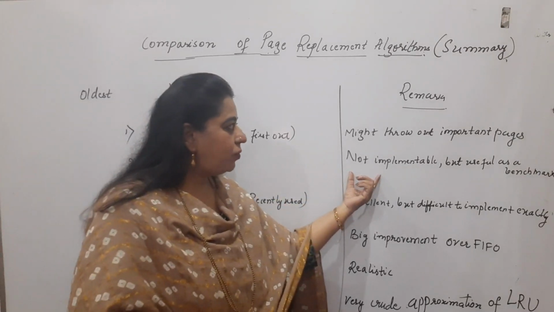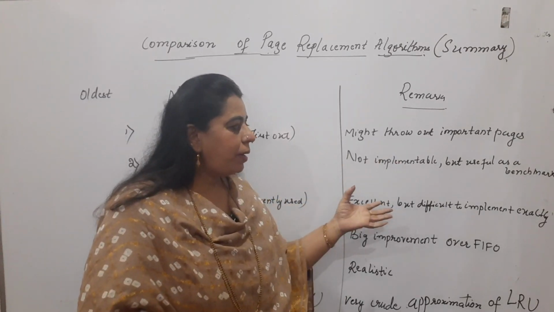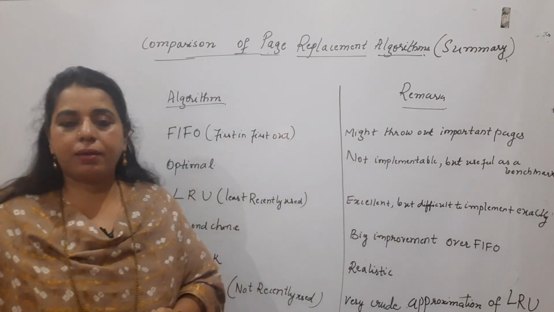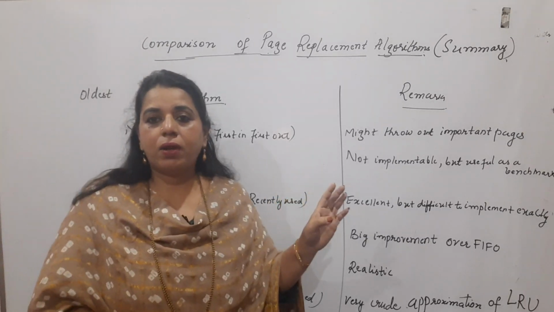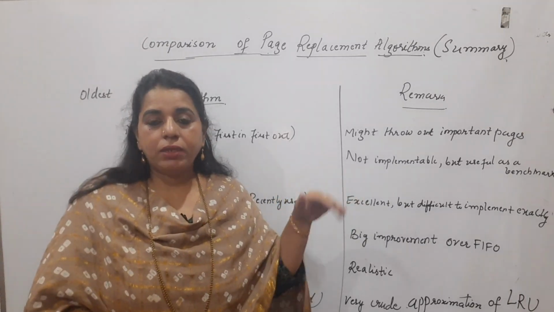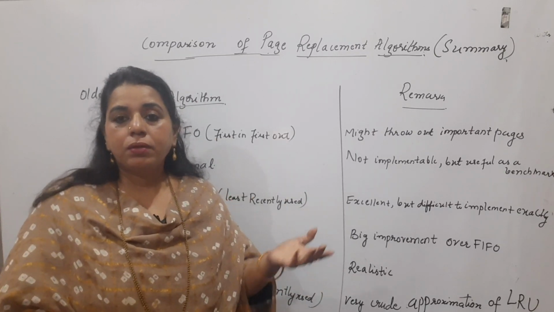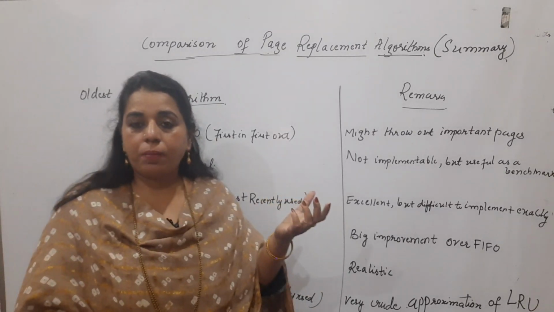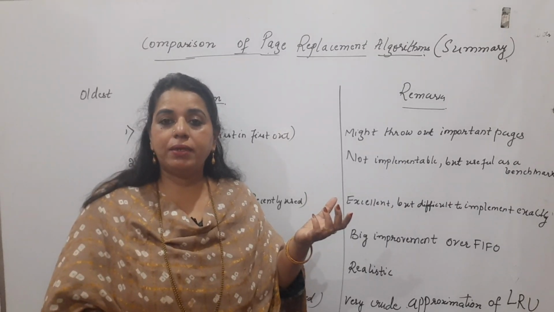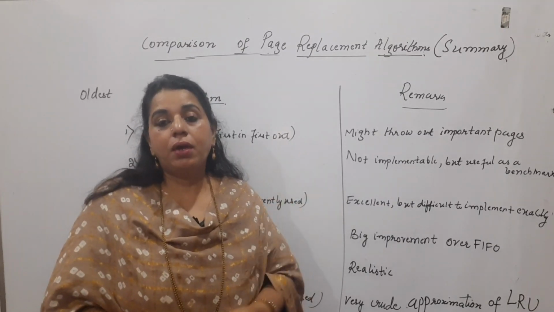Optimal page replacement, what is the comment here? Not implementable but useful as a benchmark. Yes, definitely it is not possible to implement this. What is the logic? The page that will be used very late in the future, that particular logic is used here in optimal. It is very difficult to predict which page will be used very late.